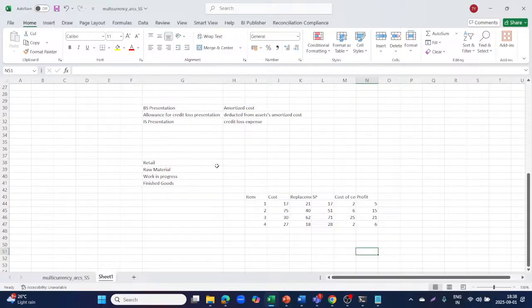That means 71 minus 25, it is 46. So your NRV is 46. Here your NRV is 15.